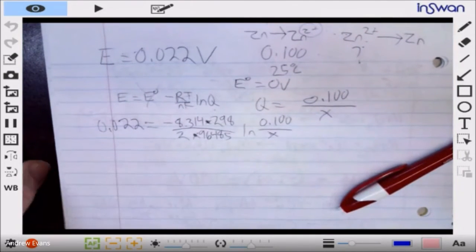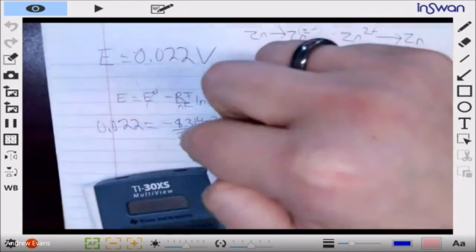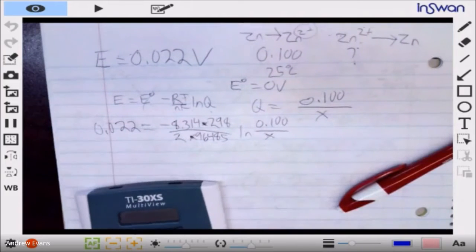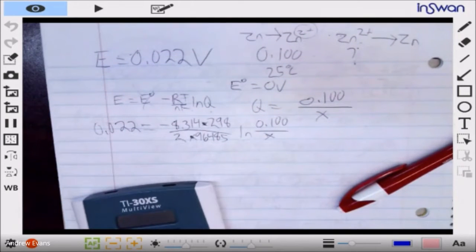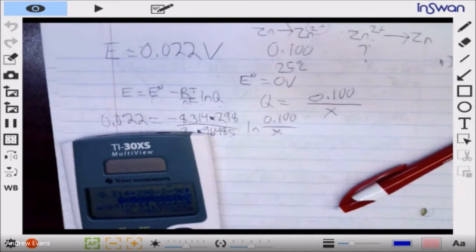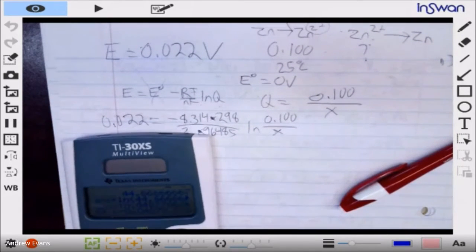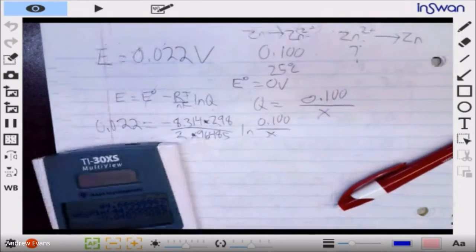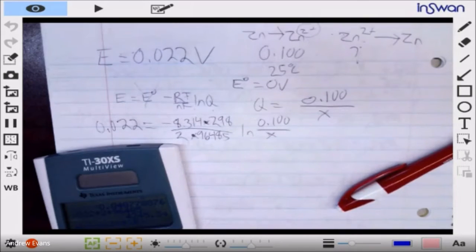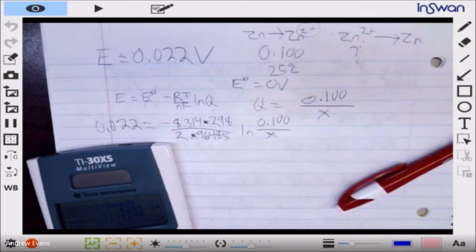So what do we have to do? Step by step, get those to the other side. This is why we ask you to be in pre-calc. We want you to be able to do 0.022 times our 2 times our 96485 divided by 8.314 divided by 298 and make it negative.